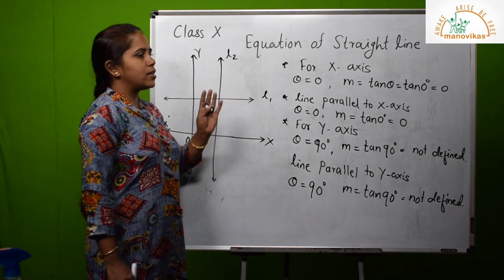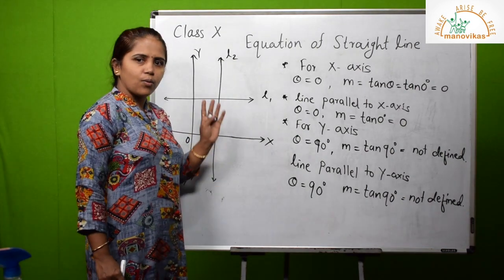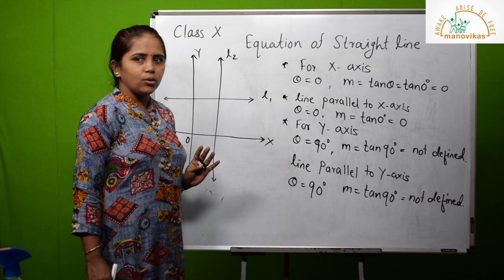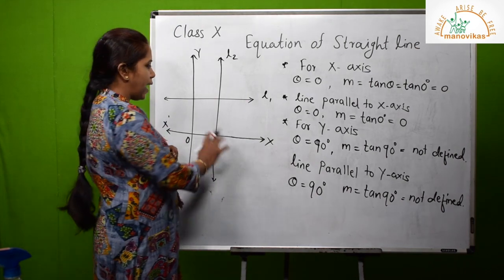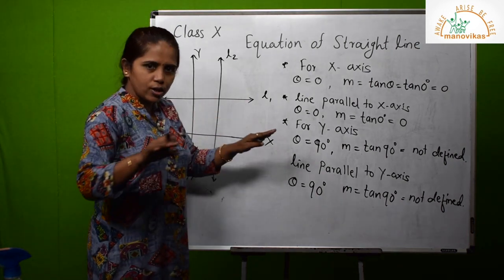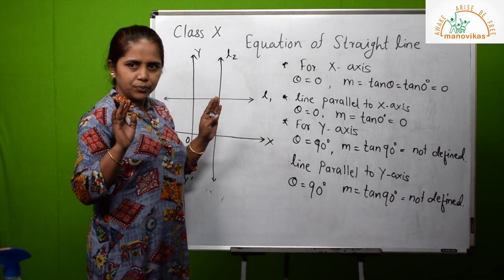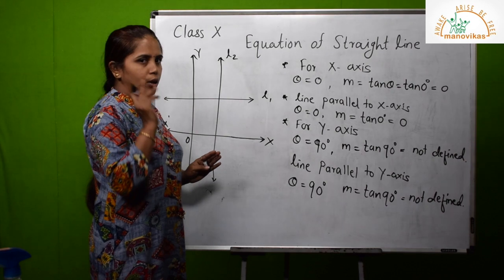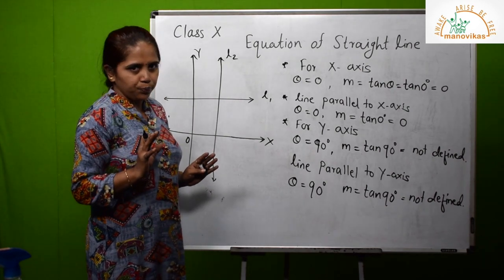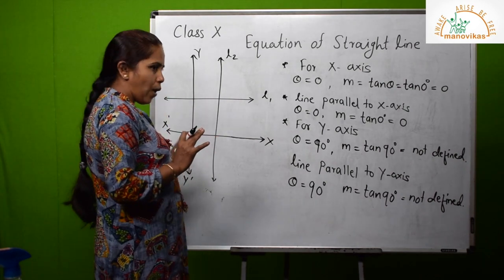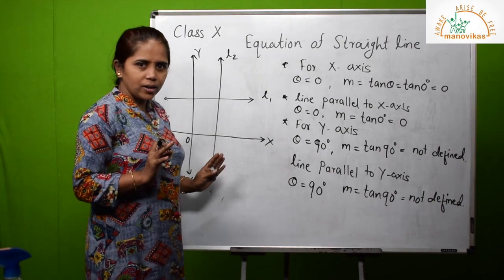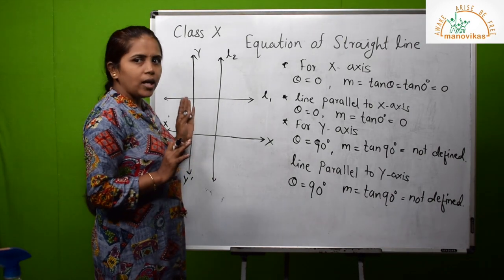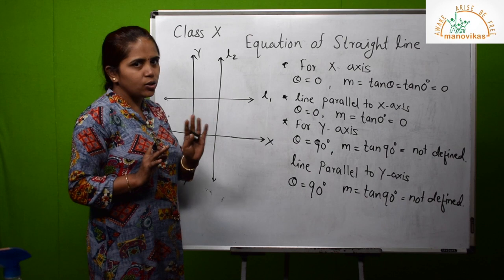Instead of x-axis, line parallel to x-axis, y-axis, line parallel to y-axis, we can say that x-axis is a horizontal line. So for a horizontal line, slope value is always 0. Then y-axis is a vertical line. So for a vertical line, slope value is always not defined.